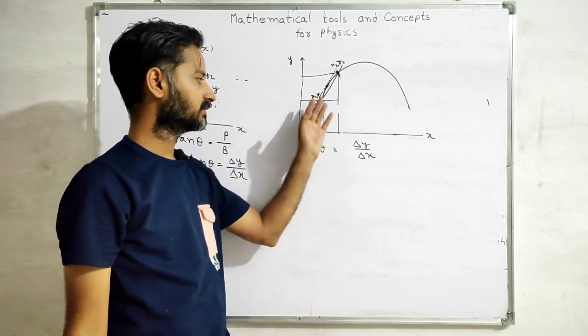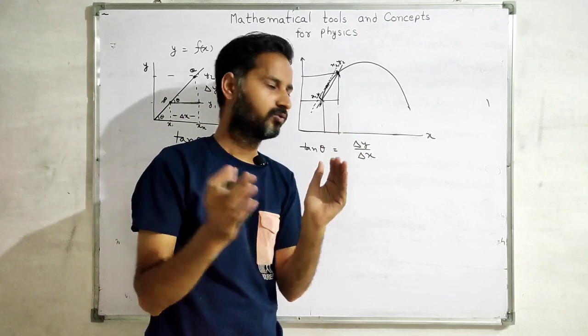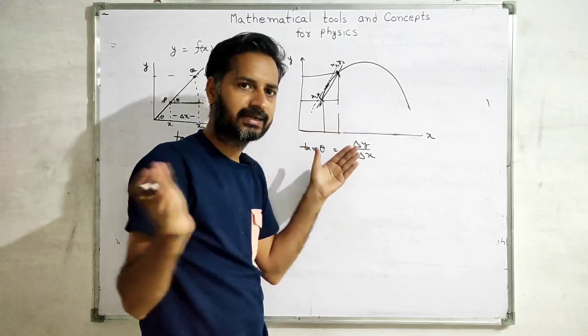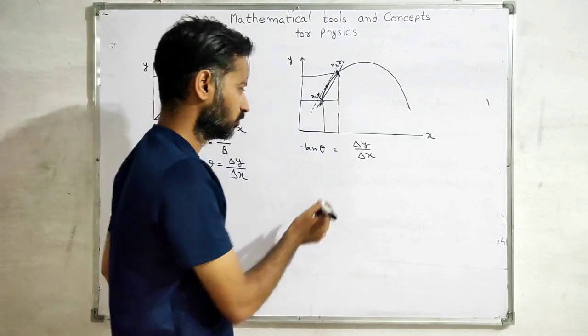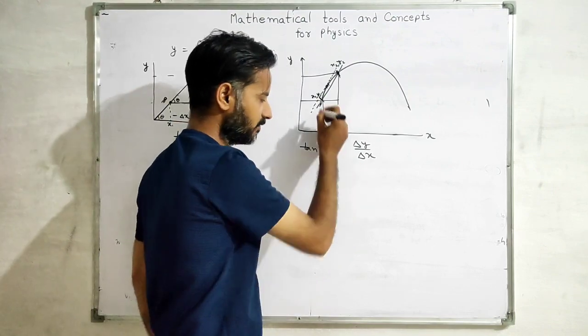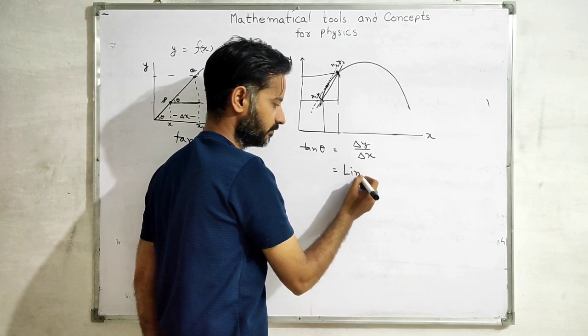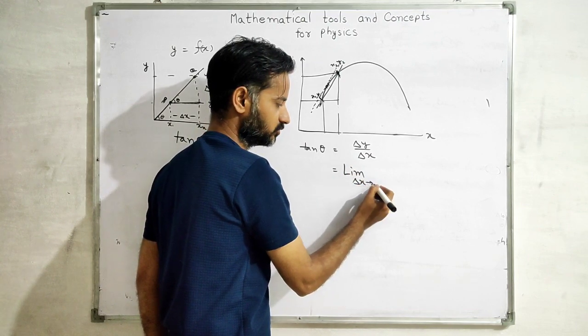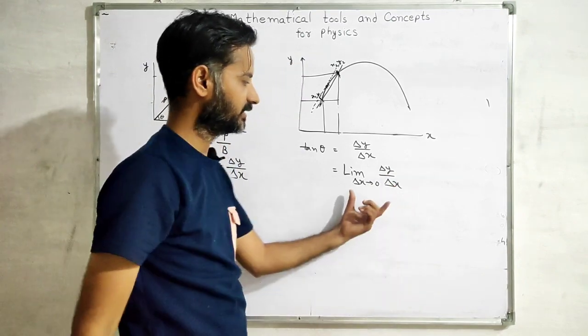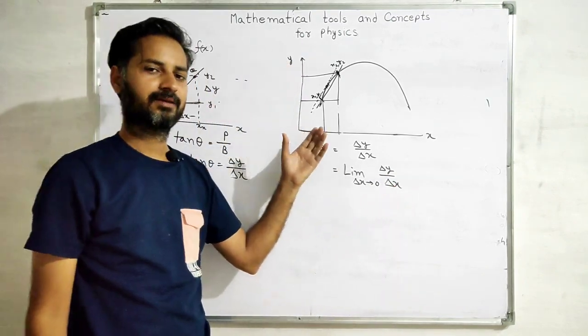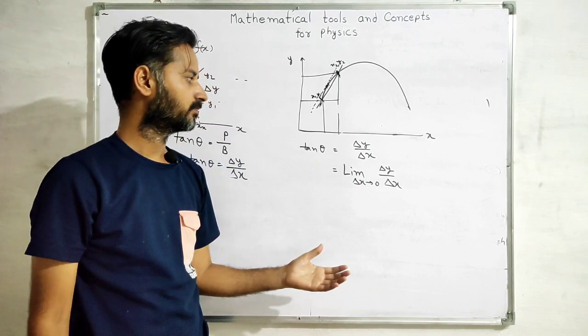But for this, we have to change this gap extremely near to 0. So I will put a limit: del x tends to 0, del y divided by del x. In this case, I will get the value of the exact slope.